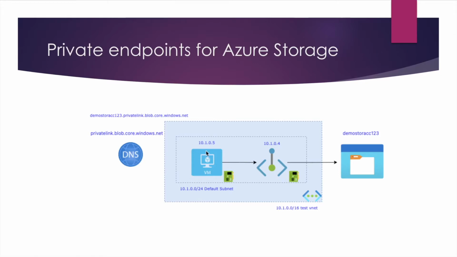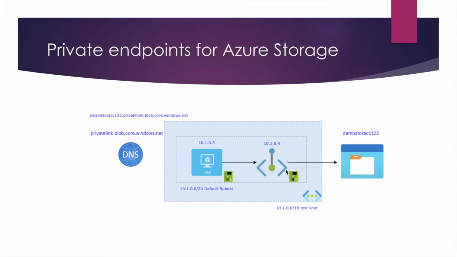I have a test virtual machine created that takes the private IP 10.1.0.5, and we have a private endpoint created that takes a separate IP address, which is 10.1.0.4, and that actually helps the clients from the virtual machine to securely access the storage account data.